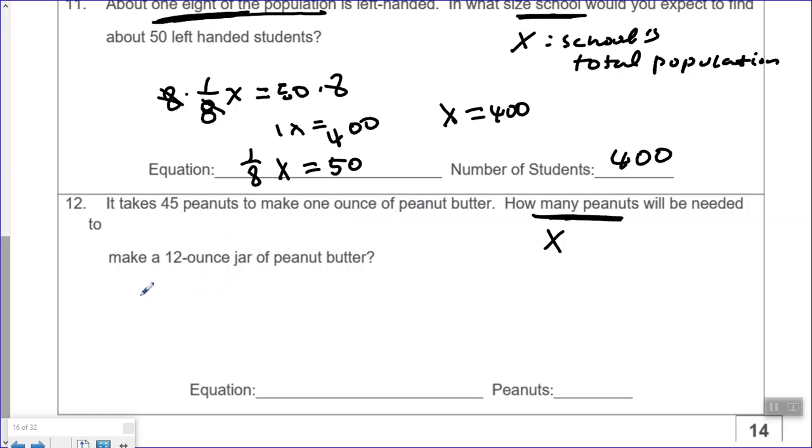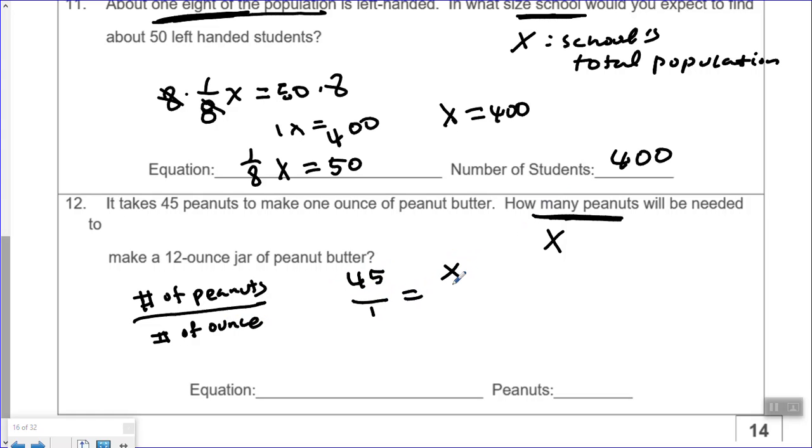So let's say number of peanuts, and then the denominator can be number of ounces. So if it takes 45 peanuts to make 1 ounce, how many peanuts do you need to make 12? Okay, then we can do cross multiplication. So 1 times x equals 45 times 12.